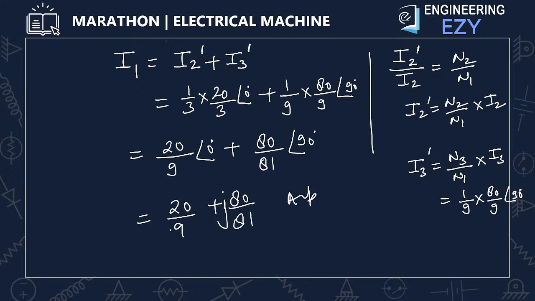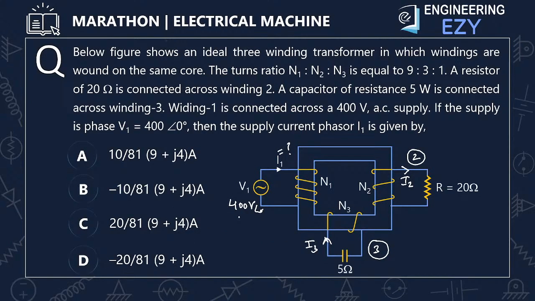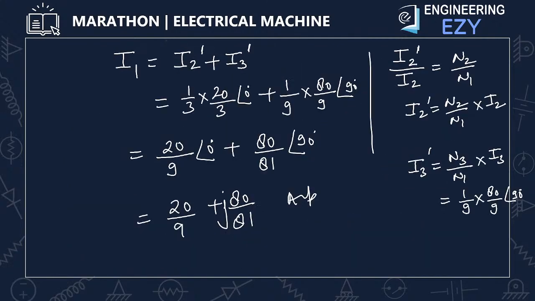Abhishek Bache, you have calculated, I think you have not referred correctly. Abhishek, you have wrongly referred. Current ratio is inversely proportional to turn ratio. So the correct answer is 20 by 9 plus 80 by 81 j.